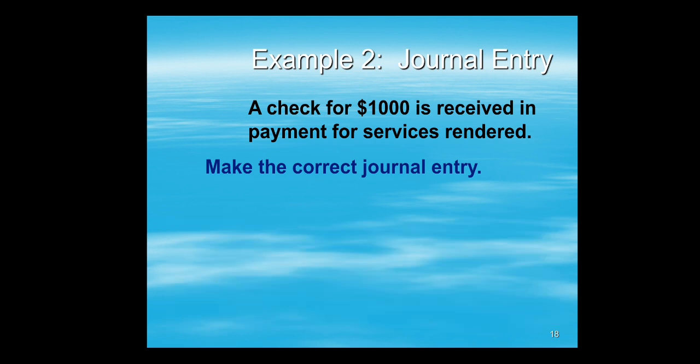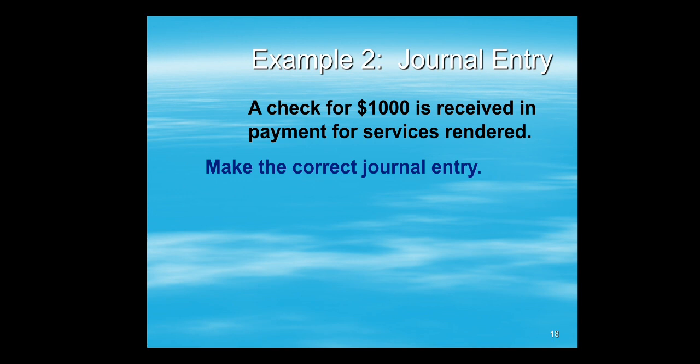Imagine there is a laundry business, and one day the laundry business provides services to one customer, and then the customer pays $1,000 using a check. So when the customer pays the $1,000 after receiving service, the effect on asset is like this.